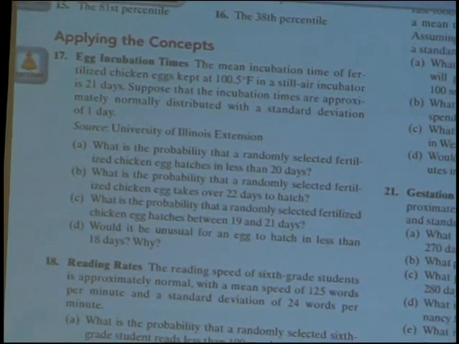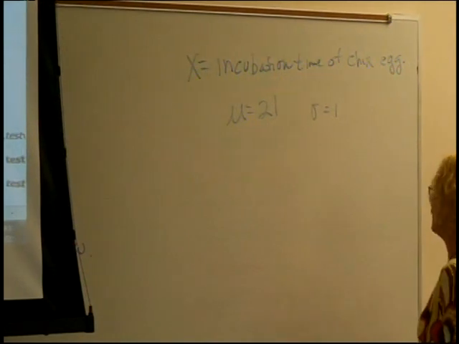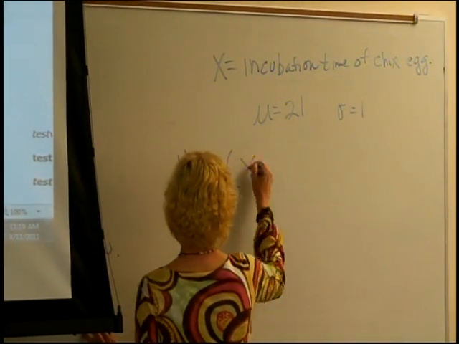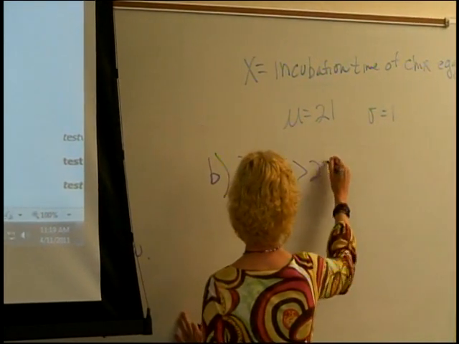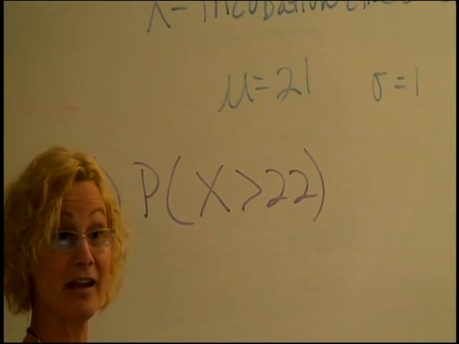Okay. So this part stays the same. We're still on the chicken egg problem. And now in part B, we want the probability that a hatching time is more than 22 days. Make sense?